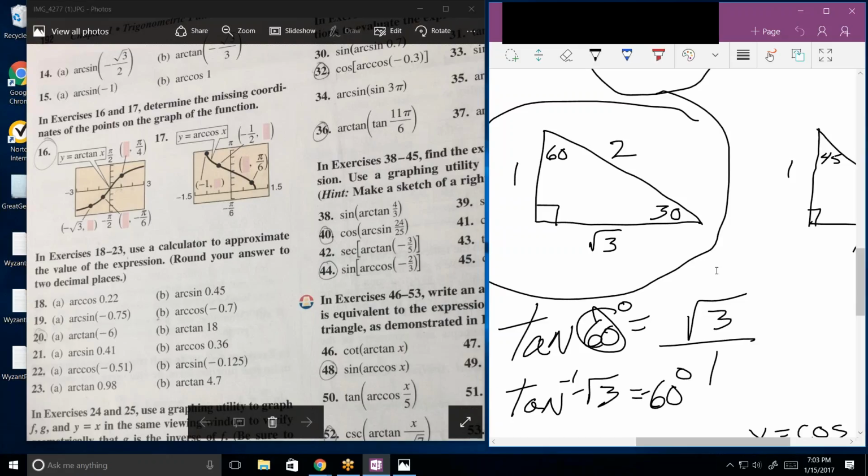Okay, the third point on there. That is a pi over 6, which is what angle? Pi over 6, 30. Okay, so the cosine of 30 is equal to what?